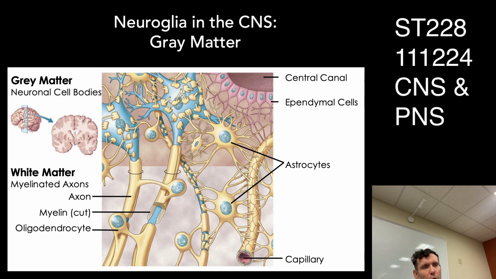When you think about neurons in the brain, people have this idea that they're just all over the place, going every which way. It's very highly organized, in a very highly controlled but also dynamic spatial relationship with one another.